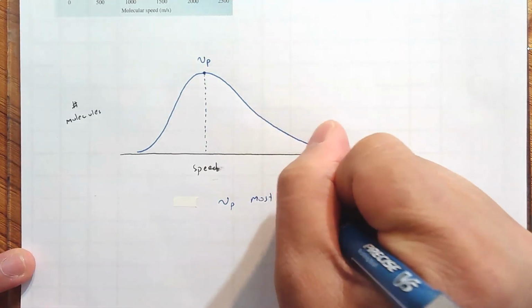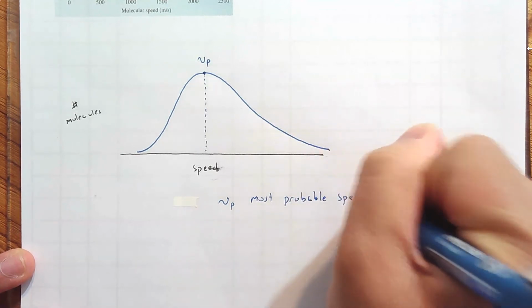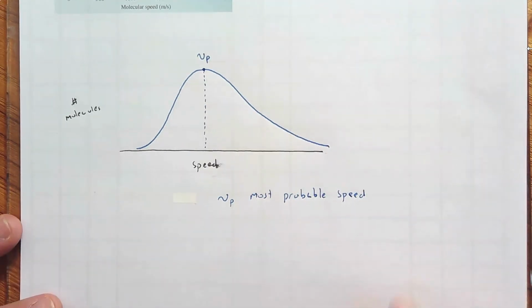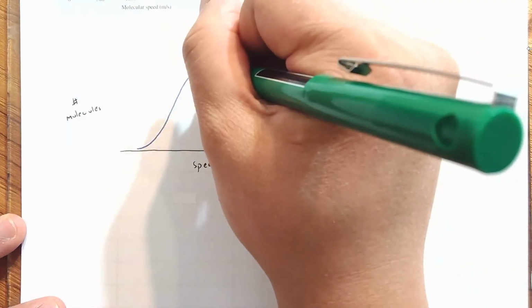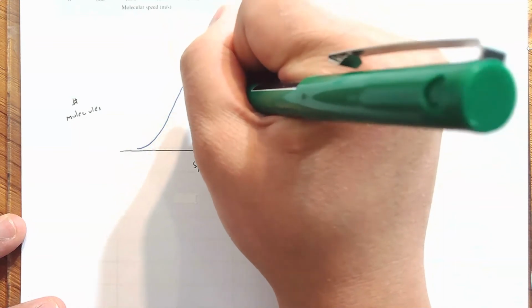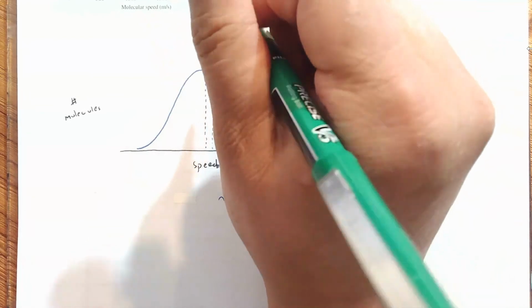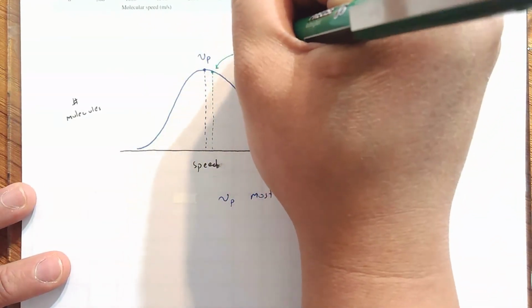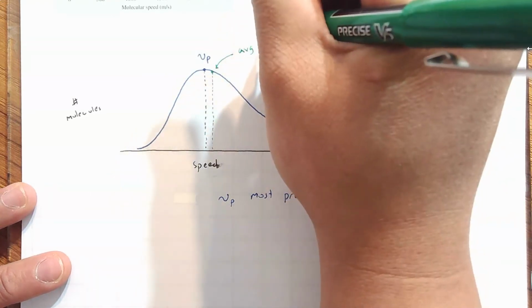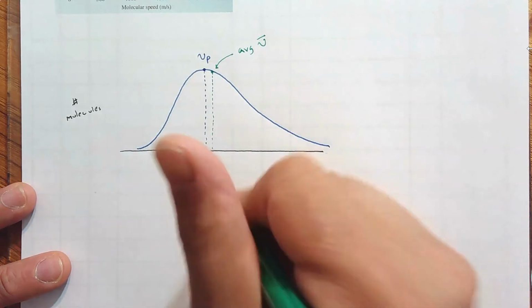Most probable speed. We haven't seen the RMS yet. A little bit to the left. Sorry, a little bit to the right. Okay, I'm not showing you exactly where, but that is the average speed. And you have that bar on top of it.